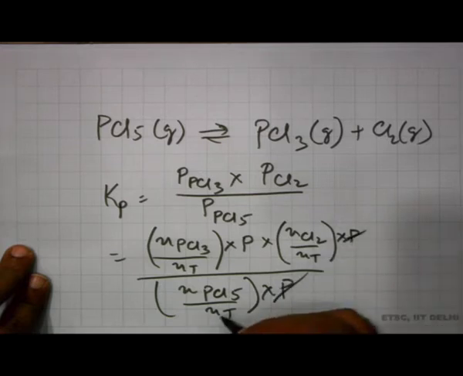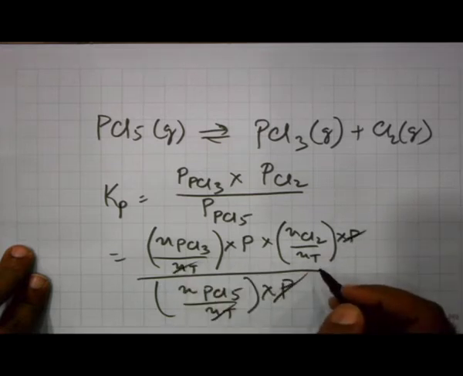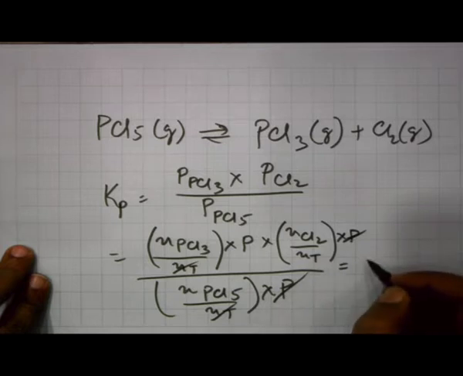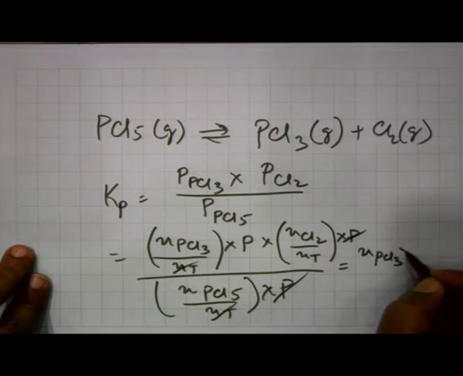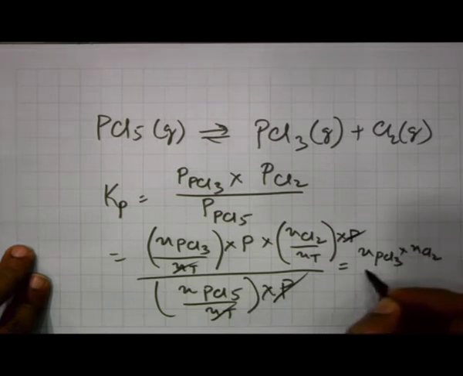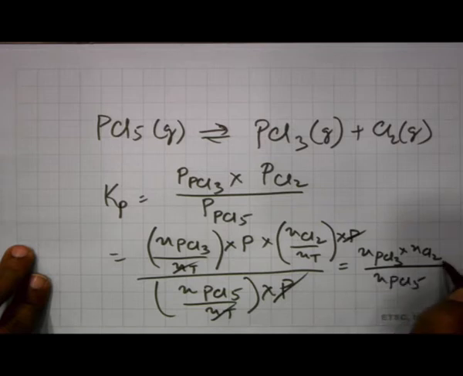One pressure cancels out, one N T cancels out. So, this is basically N PCl3 into N Cl2 divided by N PCl5 multiplied by P by N T.